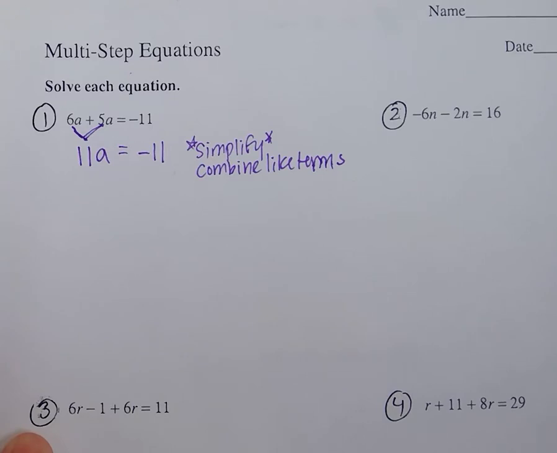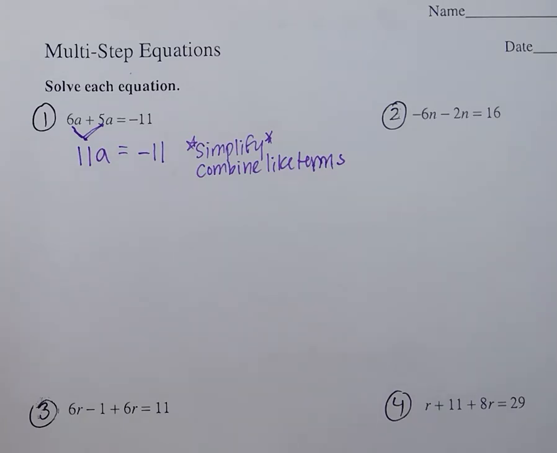Now we want to start solving. So the goal with solving our equations, the final ultimate goal, is to have a variable on one side, a number on the other, okay? But before we can get it down to a single variable, we just want to get all of the variables together on one side.